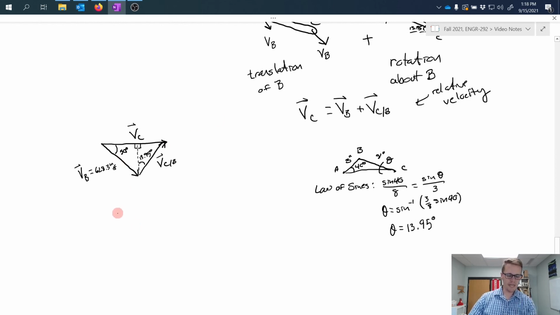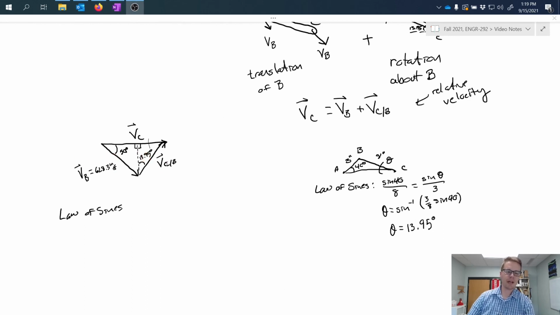Let's see what else I need. So I'm going to employ the law of sines again to get an equation such that we can see what we actually want to solve for. Ultimately, we're trying to solve for VC, which means I need to know this angle here, and I need to know also this angle here if I want to make use of my known velocity to solve for VC.